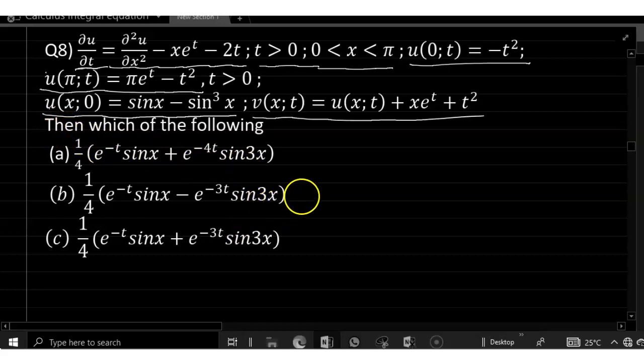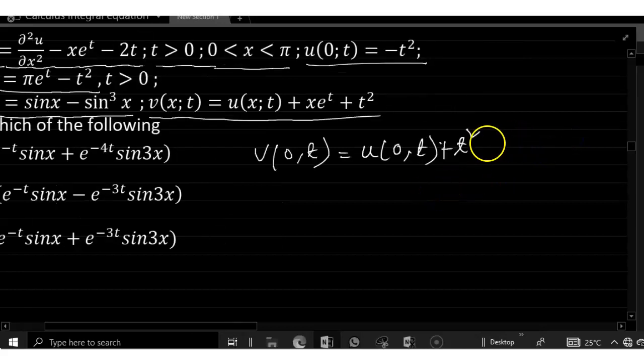So friends, whatever you see, I can write v(0,t) as a constructed function, u(0,t) minus t². This value is 0.